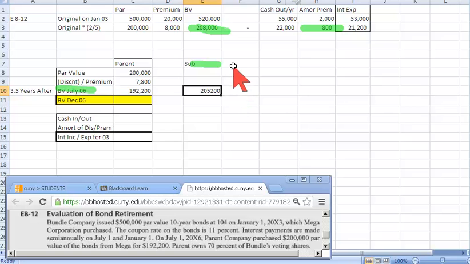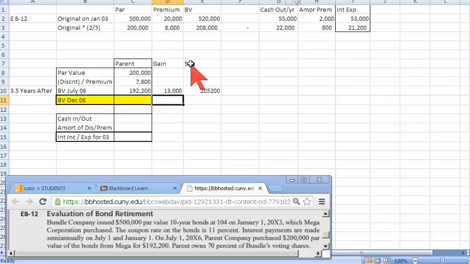So the difference is the gain, which is what it was worth minus what we paid for it, and that's a gain of 13,000.